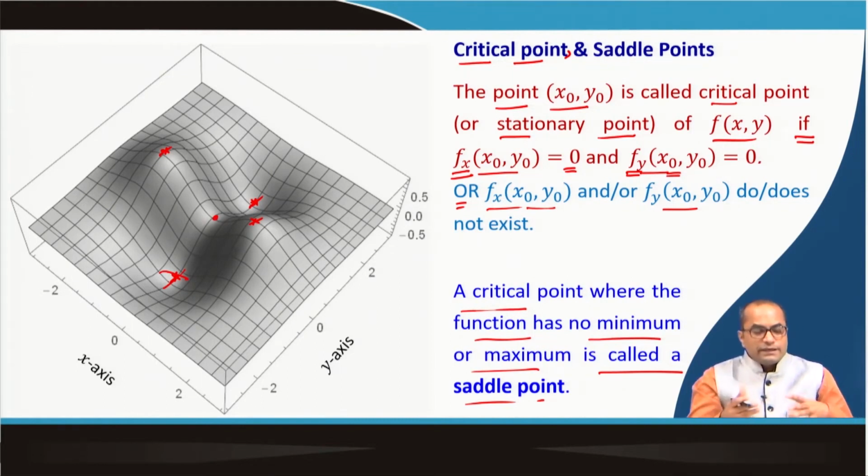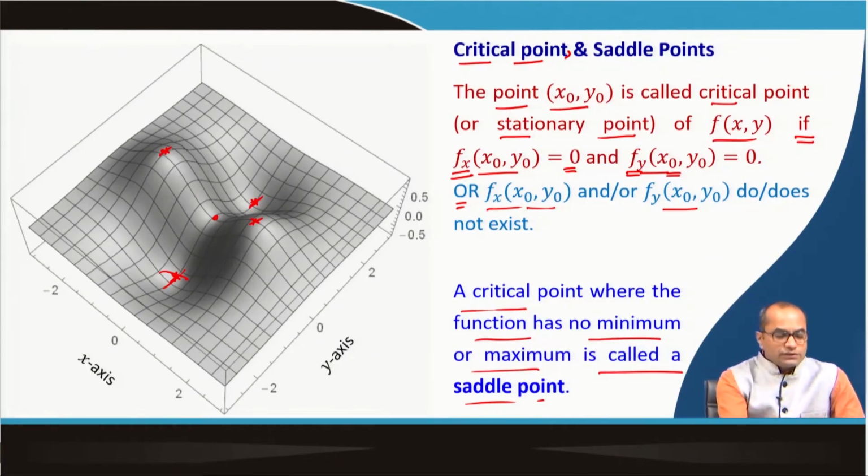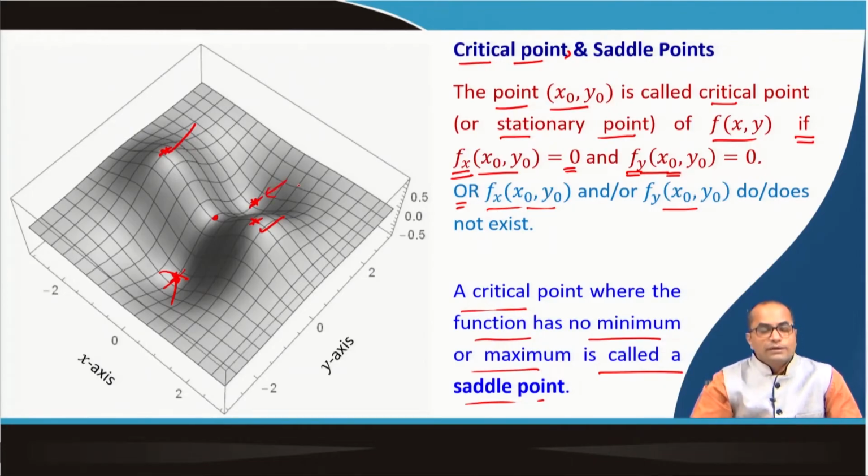So, we will investigate those critical points, or rather how to investigate them mathematically, because in this visualization one can observe that this is a local maximum, this is also a local maximum, and this is a local minimum. Here also we have a local minimum, and at this point, as we observe, there is an increase in this direction, here also an increase, and then the function values are smaller in this direction.